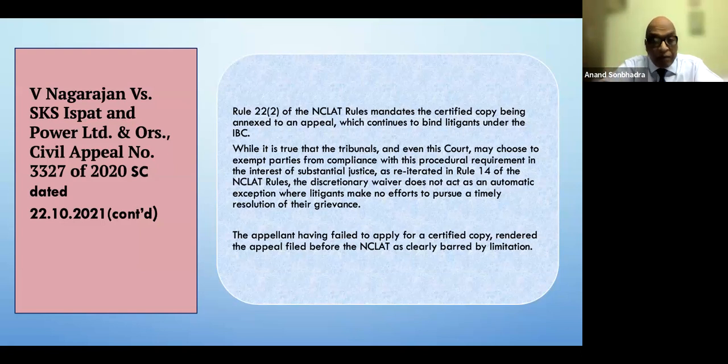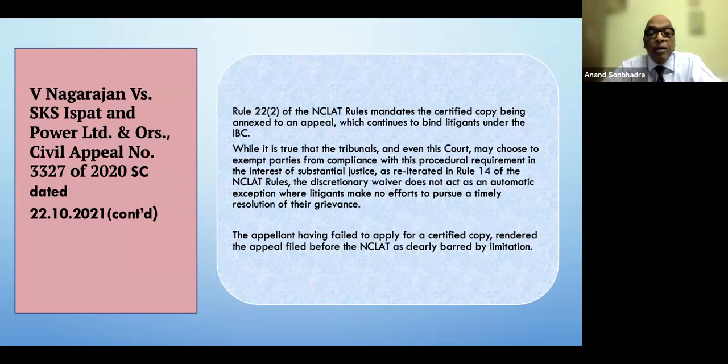Even though the court has a discretionary power to do the waiver, it clearly says that it does not tantamount to an automatic exception where litigants do not make any effort and assume it will be given.